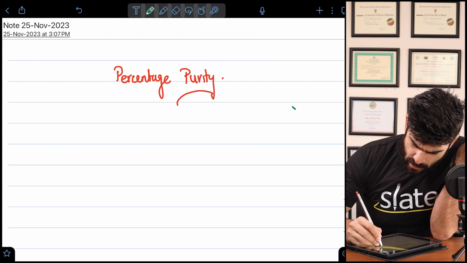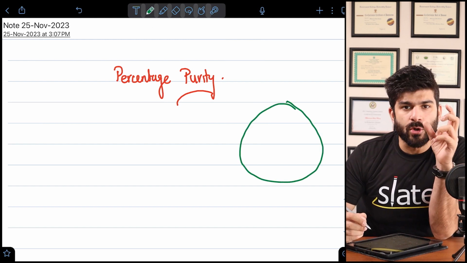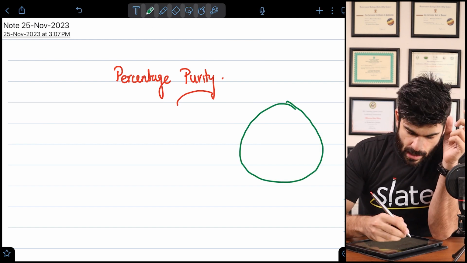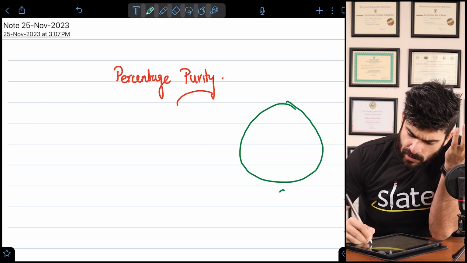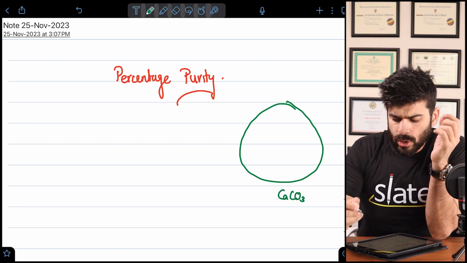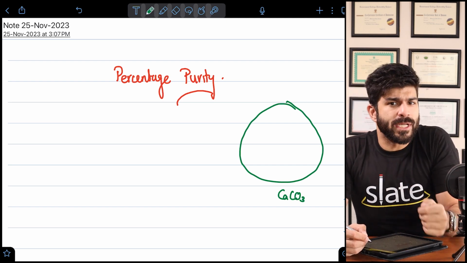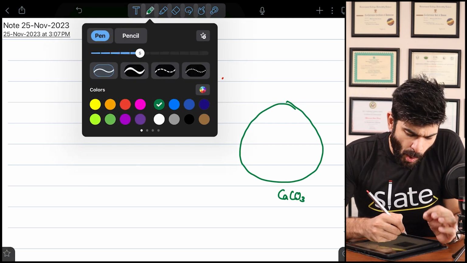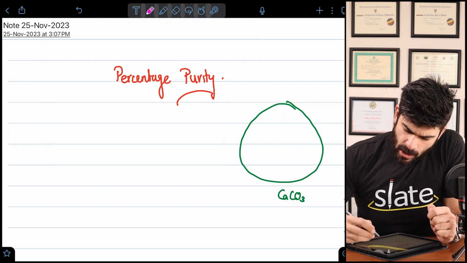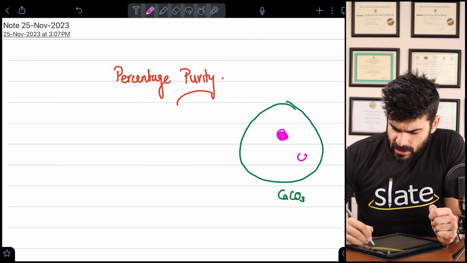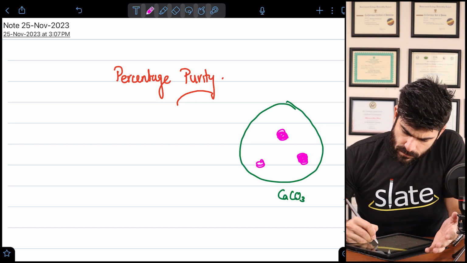Let's assume this is a rock of limestone, and limestone is calcium carbonate, as we all know. So let's assume that you have gathered that from a mountainous area or somewhere, and obviously there will be impurities present. For instance, these are the impurities.